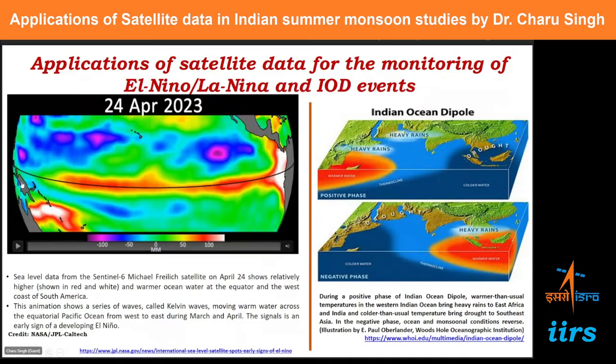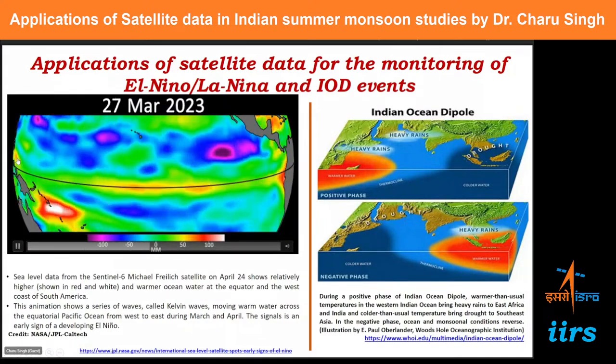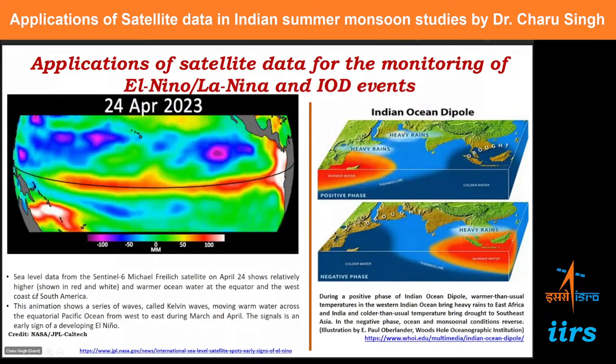Normally, the Western Pacific region is the region of warm water, but during the development phase of El Nino, there is a movement of the warm water from the western side to the eastern side through the Kelvin wave, and that has naturally been captured by this particular satellite, Sentinel-6. And this animation shows a series of waves called Kelvin waves that move the warm water from the western side to the eastern side. So this is the evolving phase of El Nino.